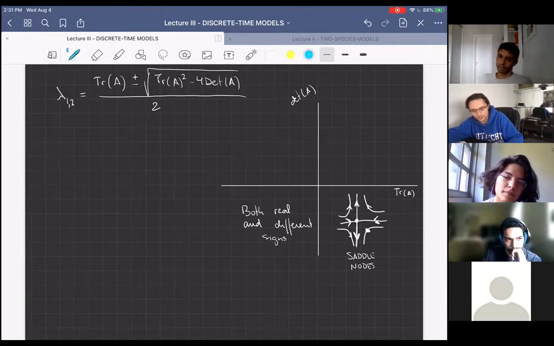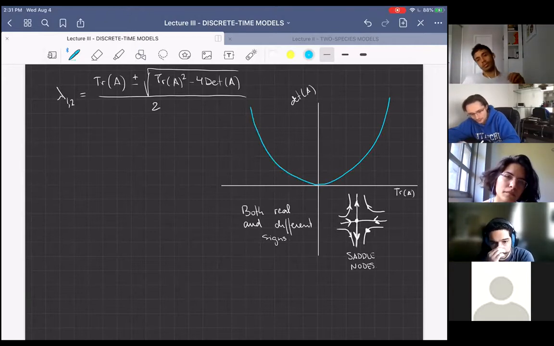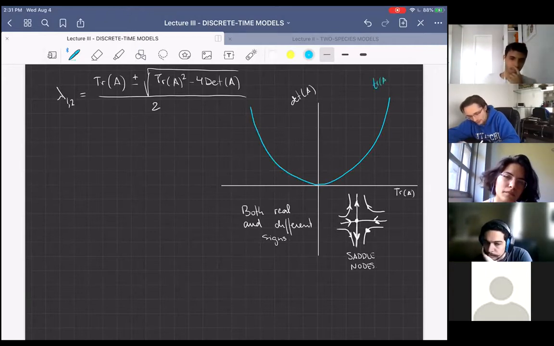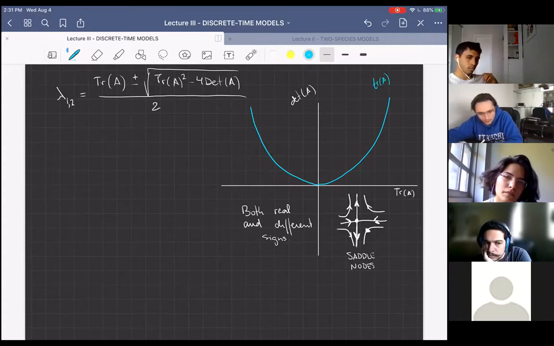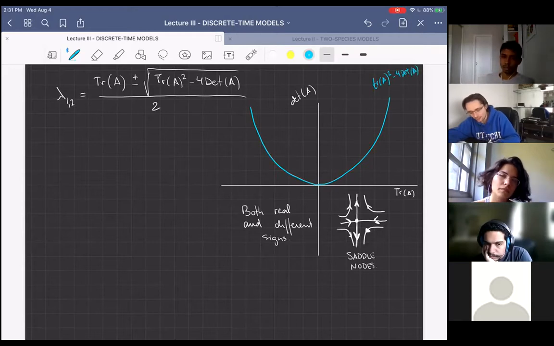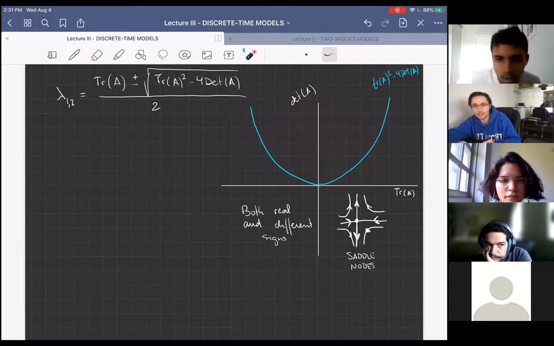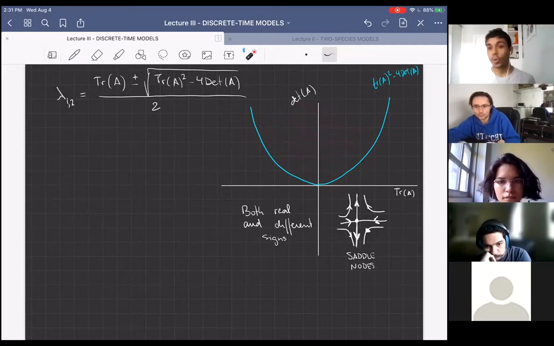You can solve the square root, and you will see that if the determinant is positive, there will be a line here that will be given by the trace of A squared. I may be making something wrong, but I think it's the trace of A squared minus 4 times the determinant of A. Right? And if we are inside this parabola, our eigenvalues will have some imaginary component. They are going to be complex, and they are going to be complex conjugates. Okay?